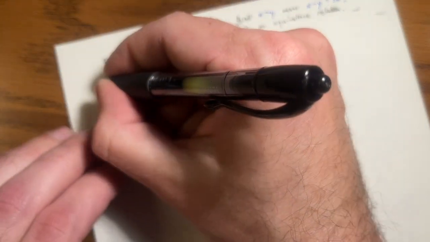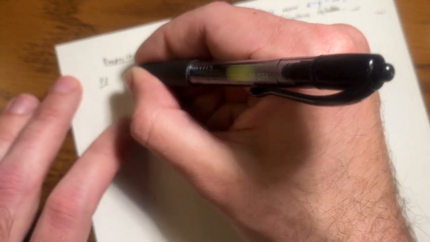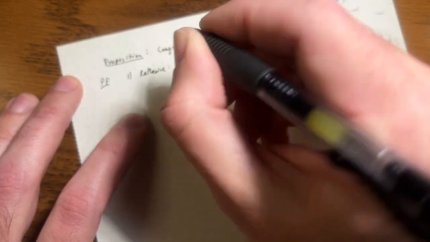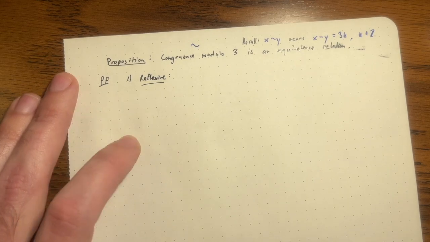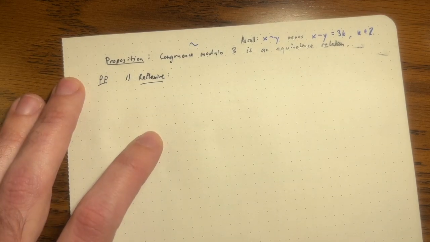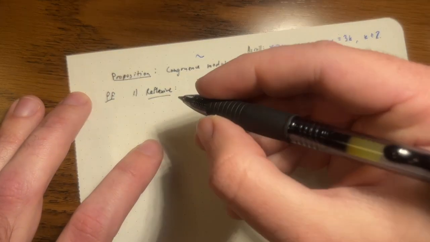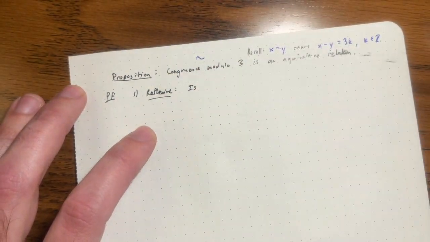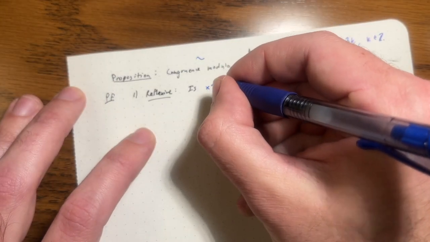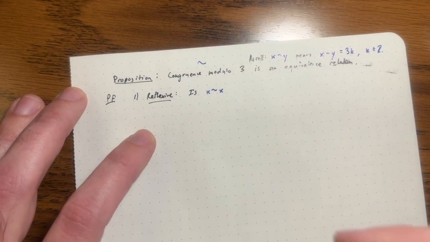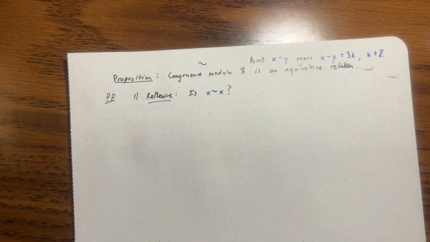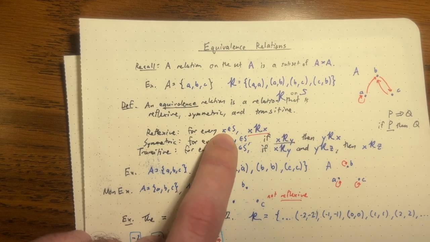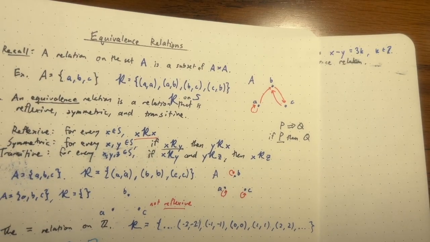So here's the proof. We need to check it's reflexive. Why is it reflexive? Let's think through the thought process. I want to show, is x congruent to itself modulo 3? I need to show that for every integer x, it's congruent to itself.